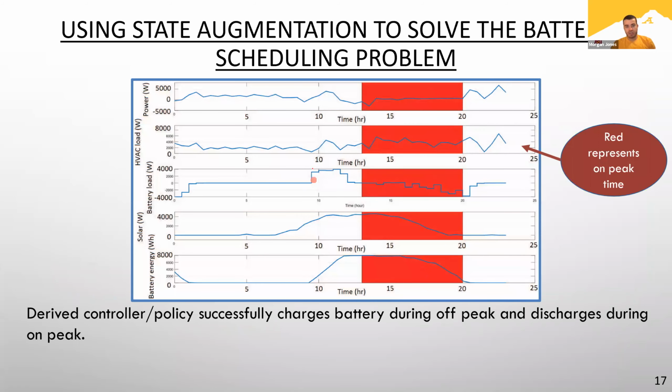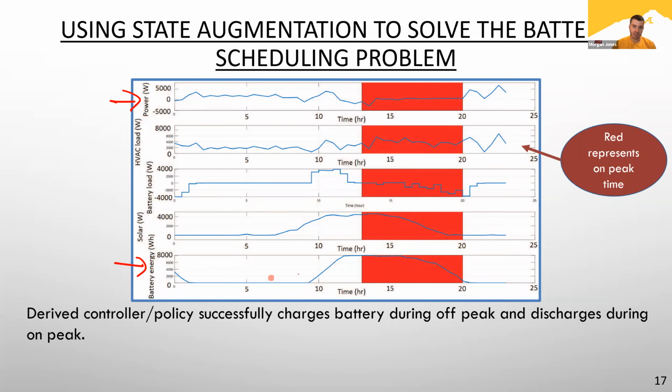So we use this state augmentation method to solve the battery scheduling problem. And if you see, the red represents the on-peak time, and the first graph represents the power required by the customer from the grid, and the last graph represents the battery energy level that the customer has in their house.